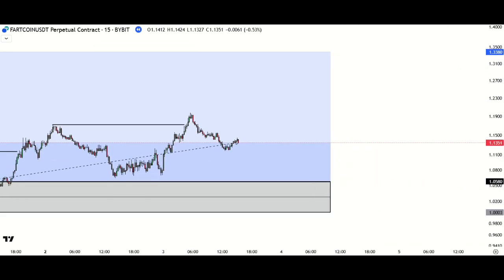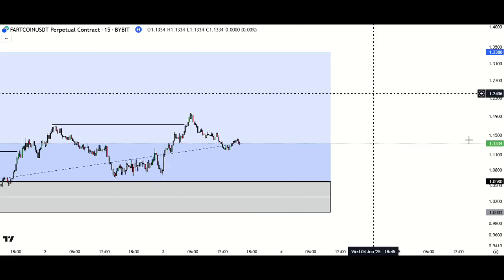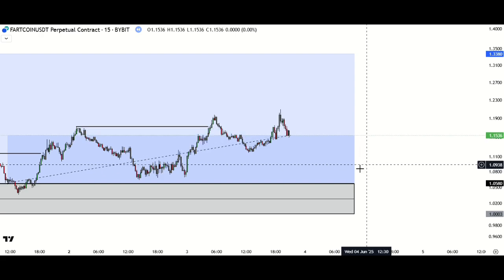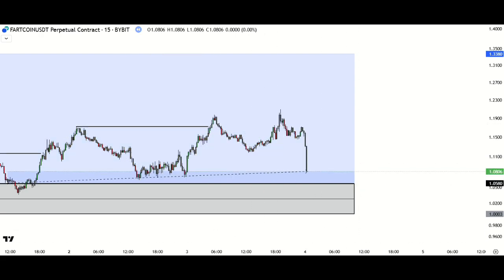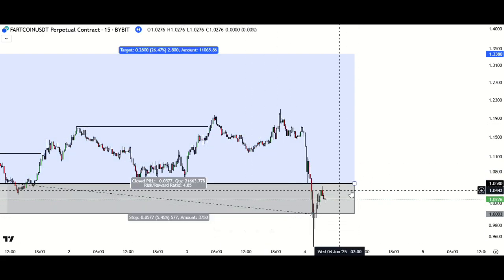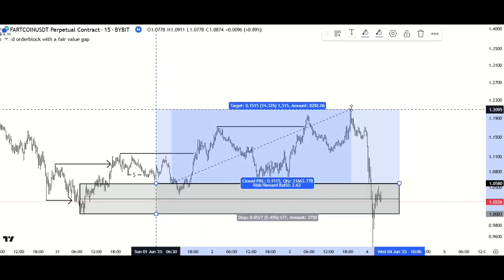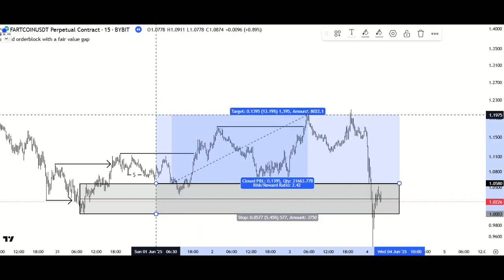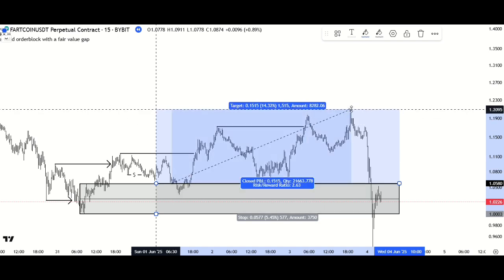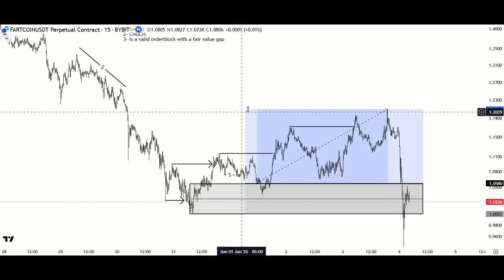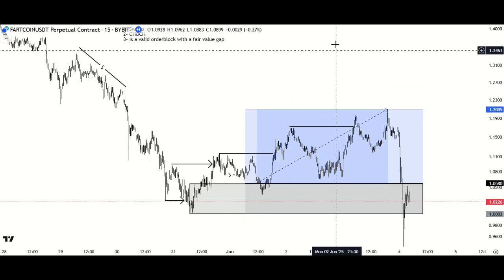So yeah, let's keep playing and see if we get the full TP. Okay, so that right there could have been around a 2 to 3R. So that is how you catch confirmation setups and basically catch a reversal even if there's an impulsive move down in the market.